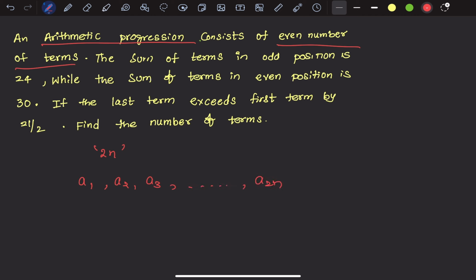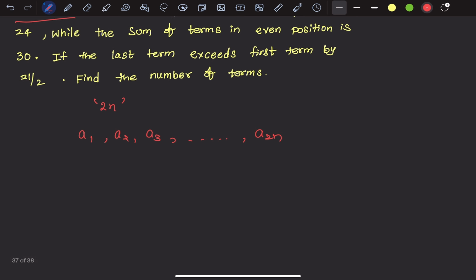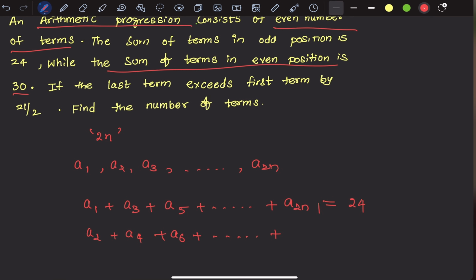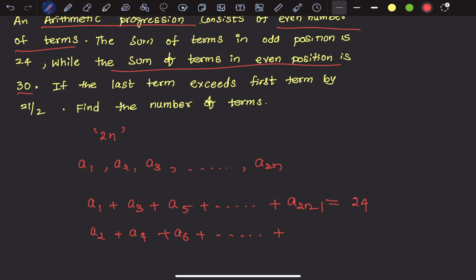The sum of the terms in odd positions is 24, so a1 plus a3 plus a5 plus and so on is 24, and the sum of the terms in even positions is 30. So a2 plus a4 plus a6 plus and so on.